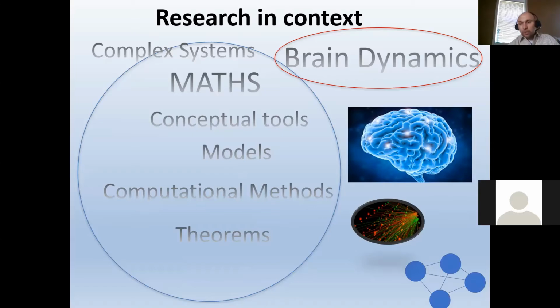In the brain, the main idea is that you have neurons or assemblies of neurons. Those are dynamical systems, and you can connect them and make them interact. So you have a network of dynamical systems. This is the core idea of these lectures.